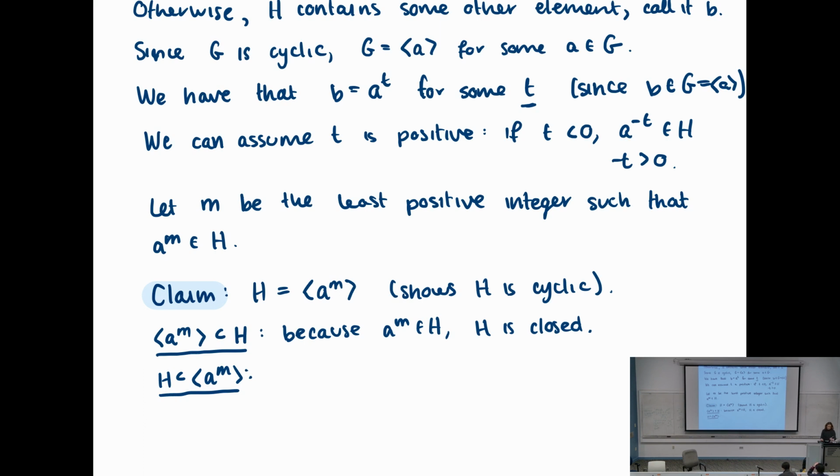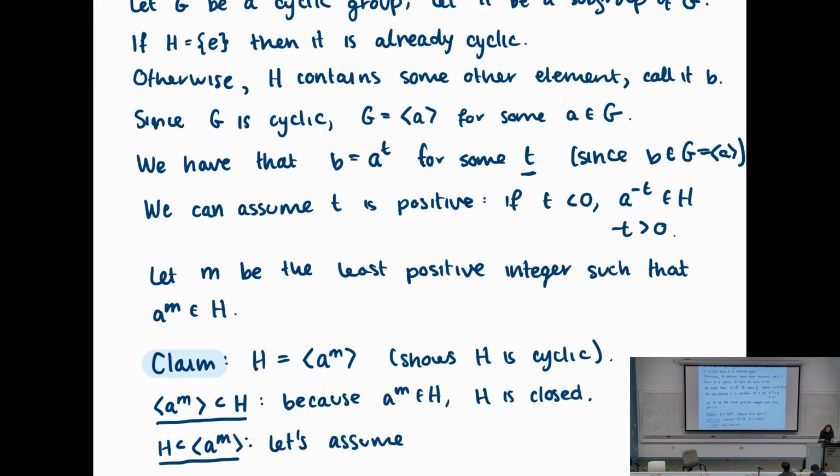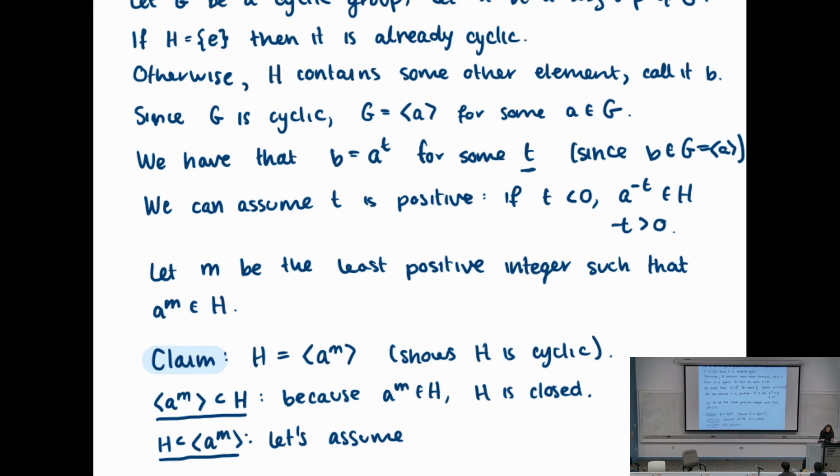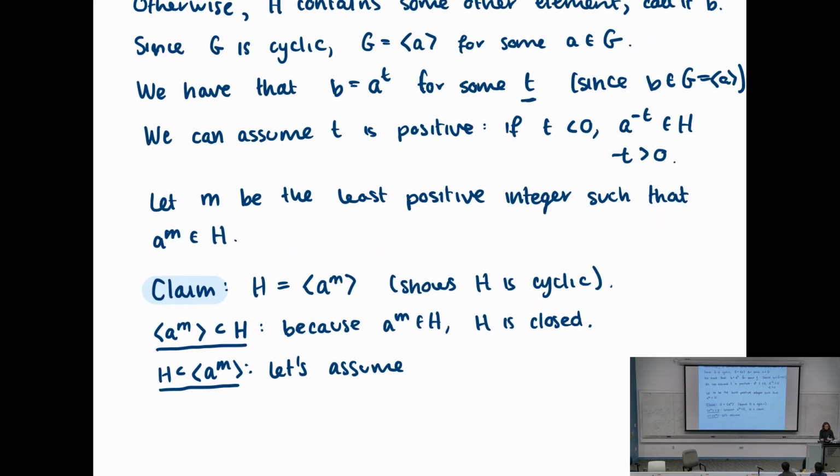So for this, let's assume we have some element, I guess I already used the letter B, so let's assume we have some C that's in H. Then since C is also an element of the group G, we have that C is equal to a to the k for some k.